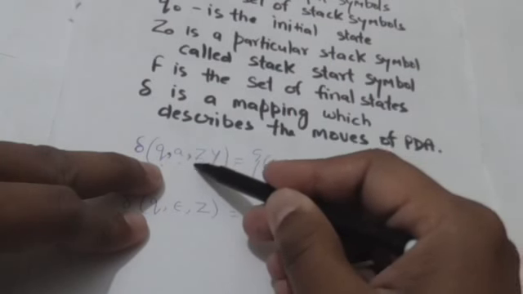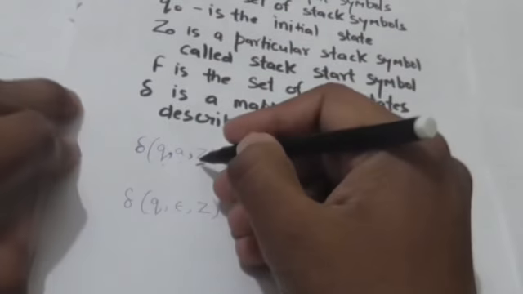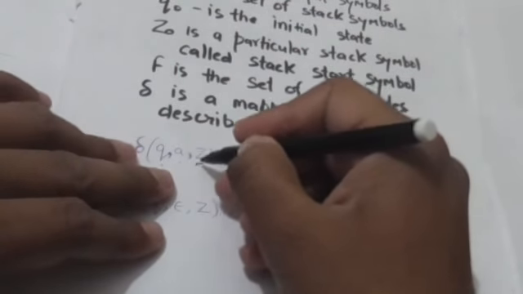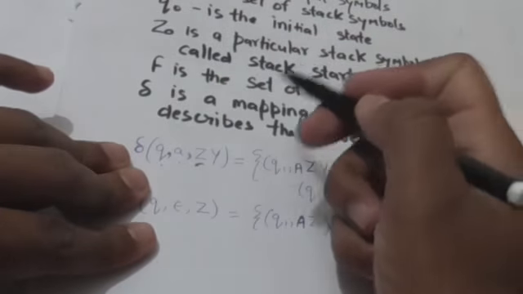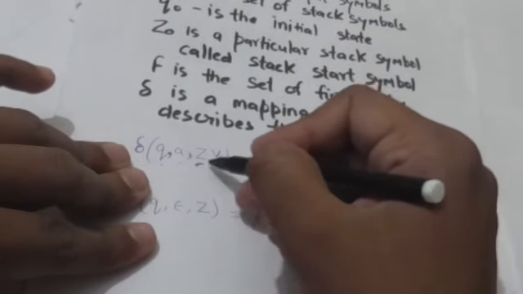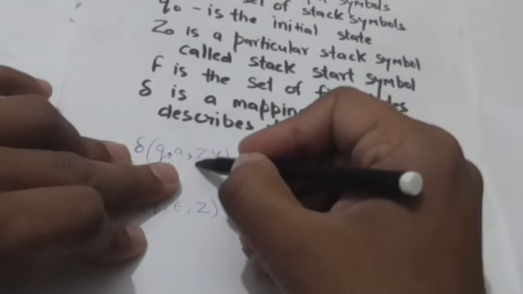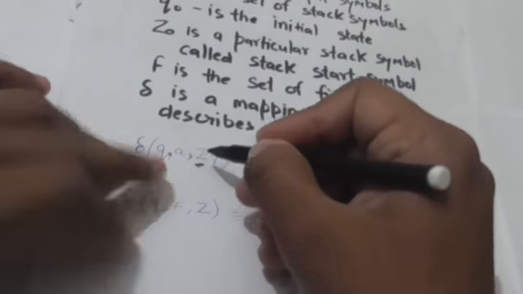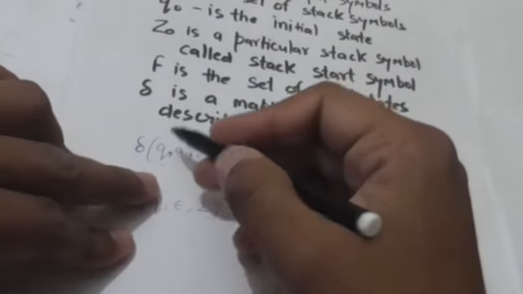Or it may just take the top element of the stack, because only the top element of the stack is going to affect the move of pushdown automata, right? So when the string is given, its leftmost symbol is the top of the stack.